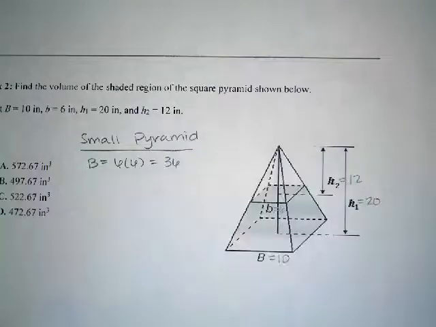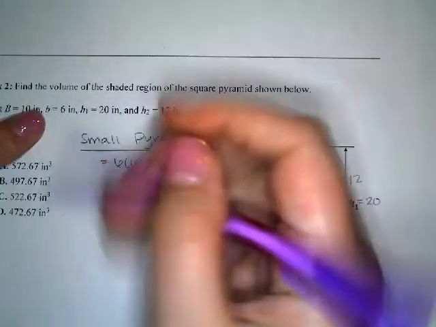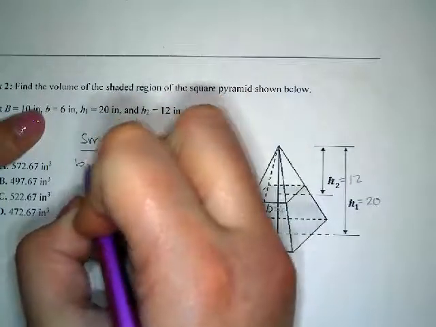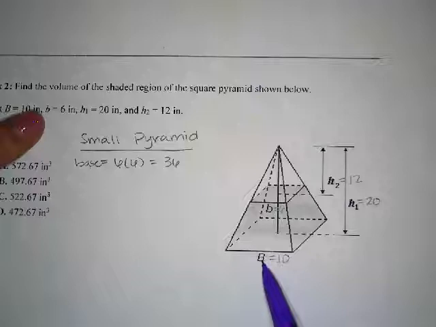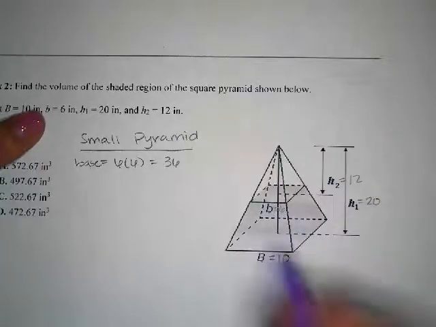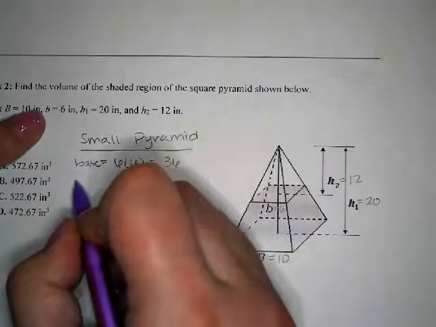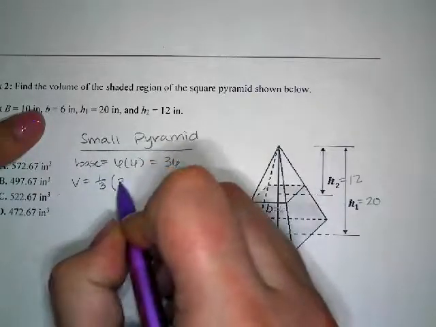Oh, it's because it was capital B down here and little b was over here. Then the volume is going to be 1/3 times the area of the base multiplied by the height.